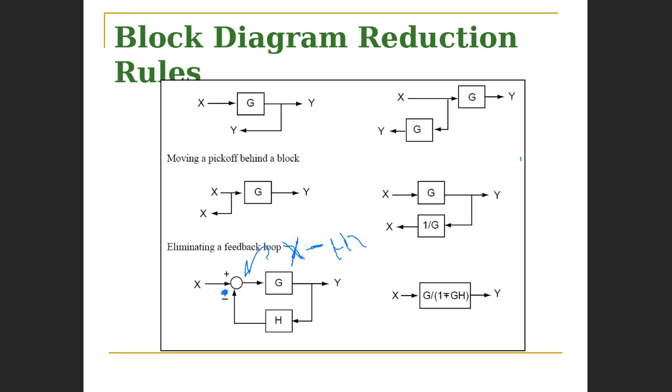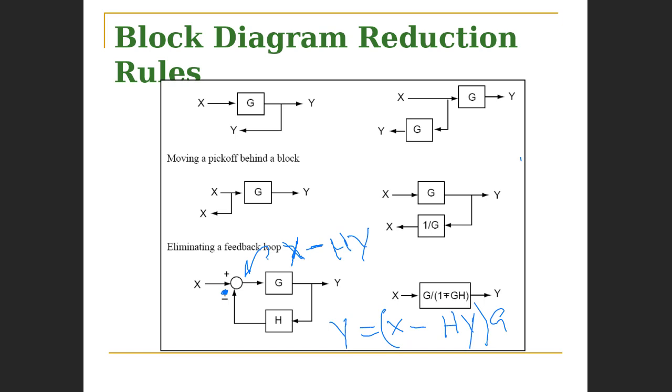Doesn't matter which one comes first, it's multiplication. So that is the signal going into G. Therefore, what is Y equal to? Y equals X minus HY, times G.